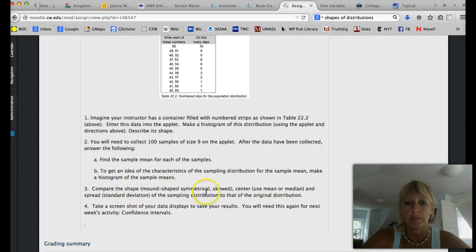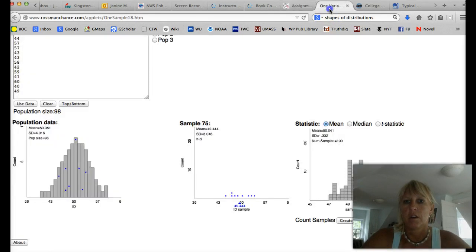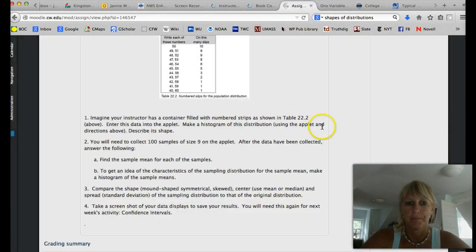So compare the shape, center, and spread of the sampling distribution to that of the original distribution. So you're going to compare this distribution with the original over here. And then, again, you're going to talk about the shape of both, the center of both, and the spread, the standard deviation of both.